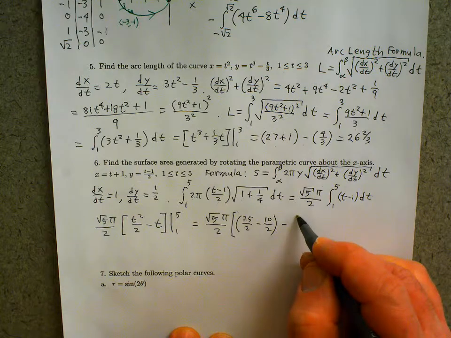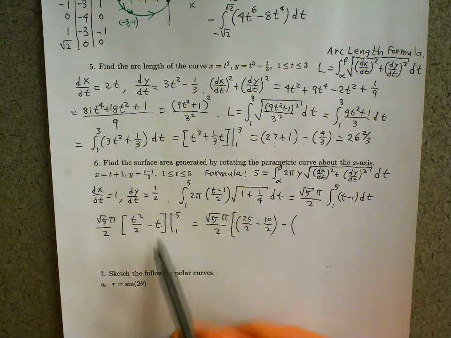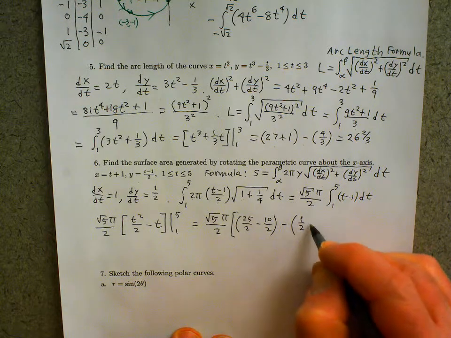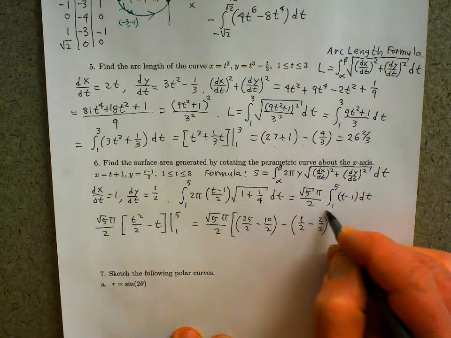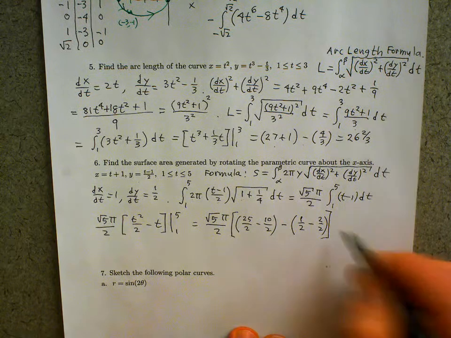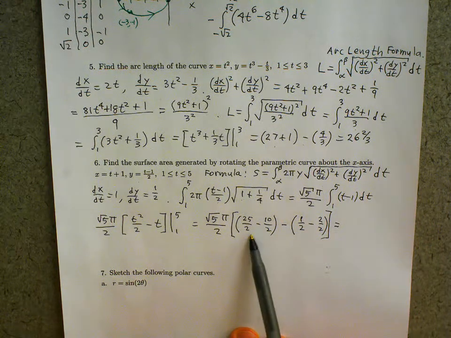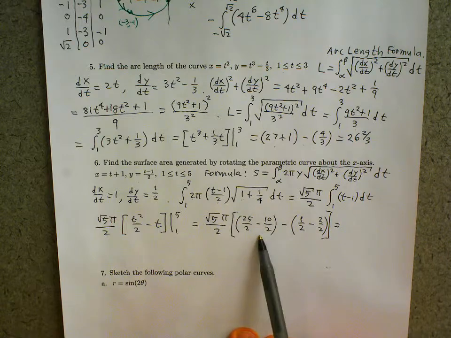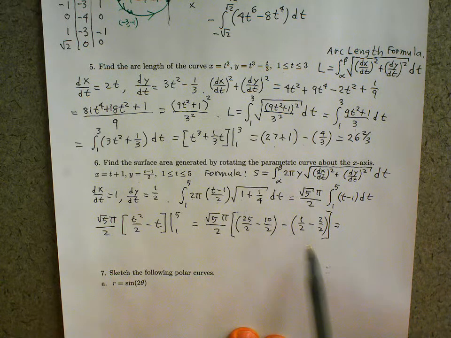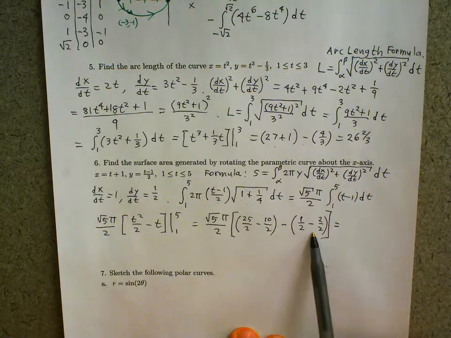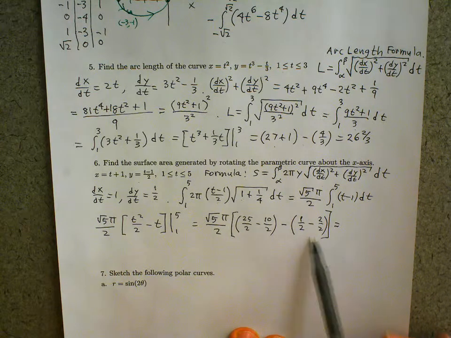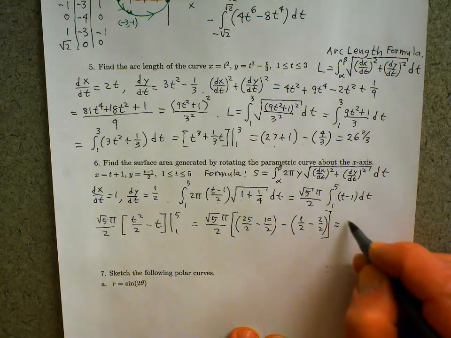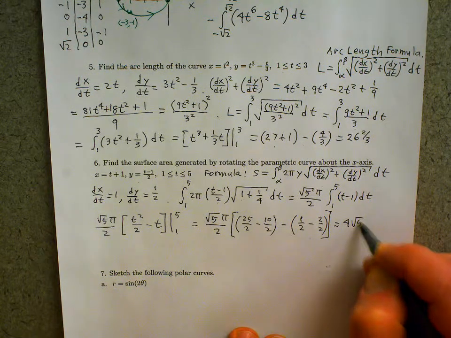And then we're going to subtract, when t is 1, 1/2 minus 1, but I'll write that as 1/2 minus 2 over 2. So we get 25 over 2 minus 10 over 2 is 15 over 2, then 14 over 2, and then 16 over 2. So this all simplifies to 8. And then 8 divided by 2 is 4. So the answer I get is 4 times the square root of 5 times pi.